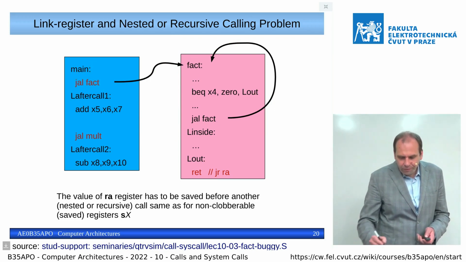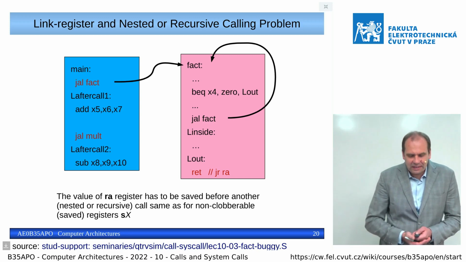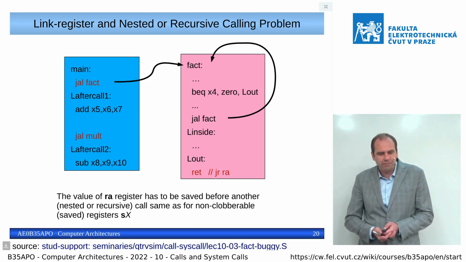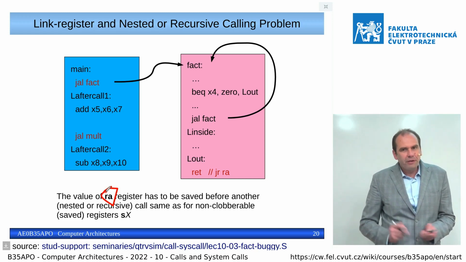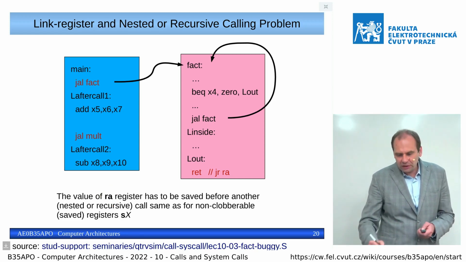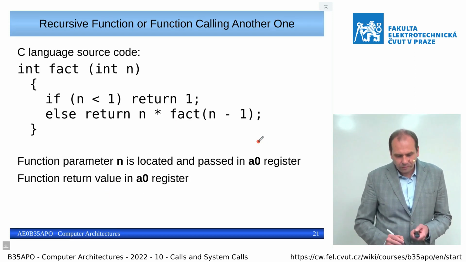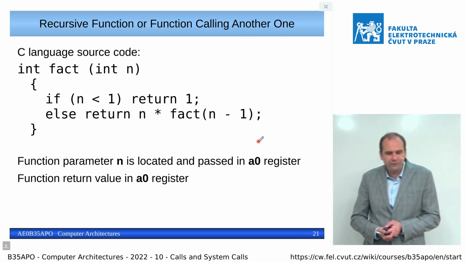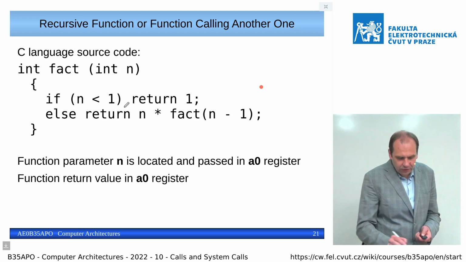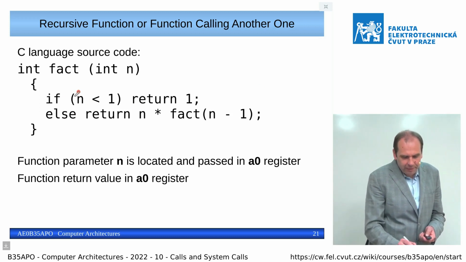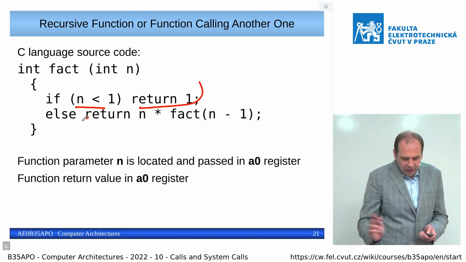So we see that it is necessary somehow to preserve the previous value of the return address register before we call another function from our function. So if it is a non-leaf function, here is the example for the factorial. Our factorial is implemented so that if the value is smaller than 1, then we return 1.